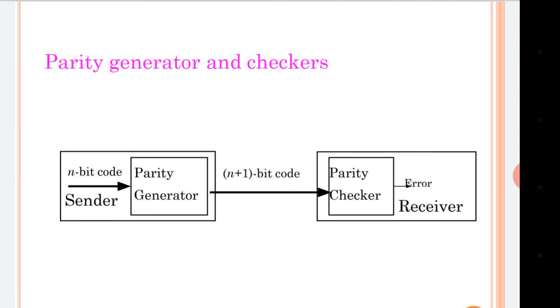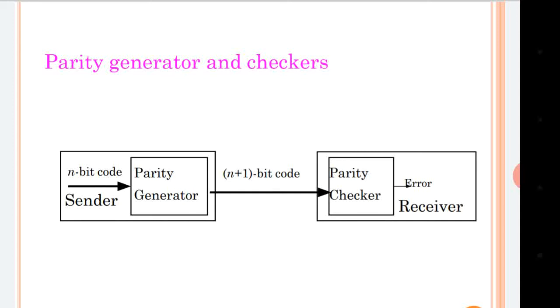Basically, parity bits are used in error detection and correction. For example, there is a communication where some secret message is to be sent from the transmitter to the receiver side. It could be wired or wireless, but a message is to be transmitted and it should be a secret.